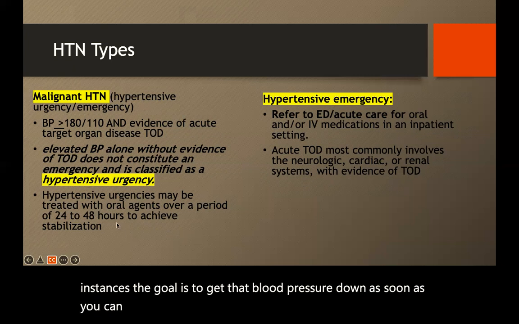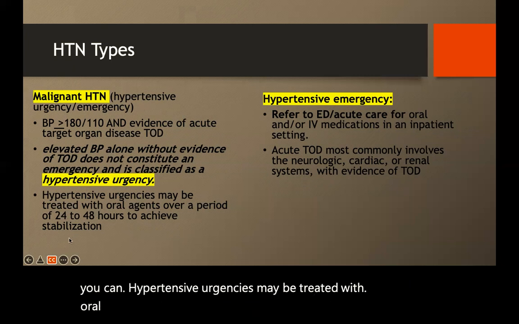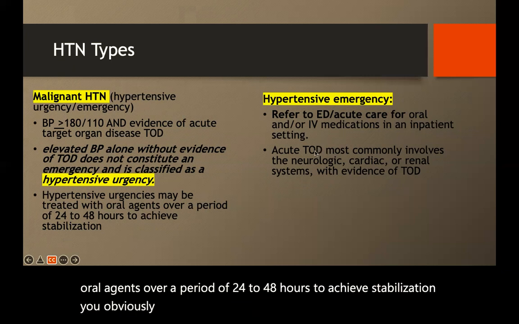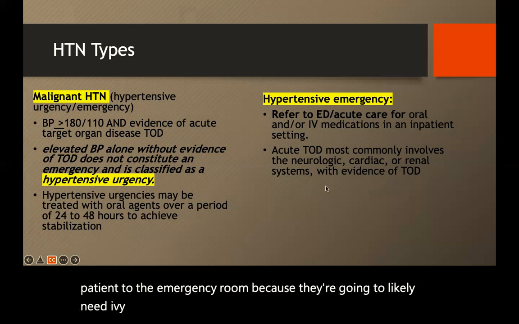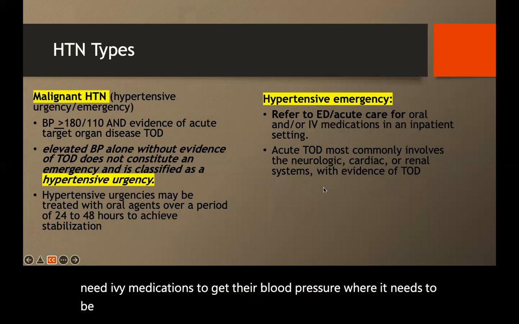Hypertensive urgencies may be treated with oral agents over a period of 24 to 48 hours to achieve stabilization. In a hypertensive emergency, you want to refer the patient to the emergency room because they're going to likely need IV medications to get their blood pressure where it needs to be to prevent target organ damage.